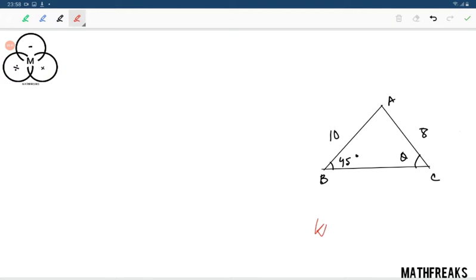Like in KVPY, nowadays the exam is held online, I guess, and only an on-screen calculator is provided.